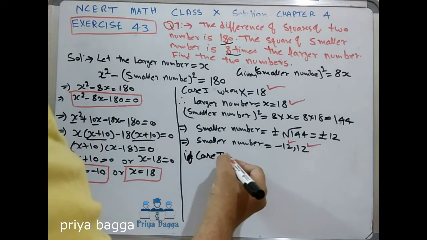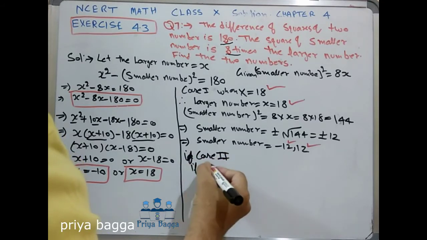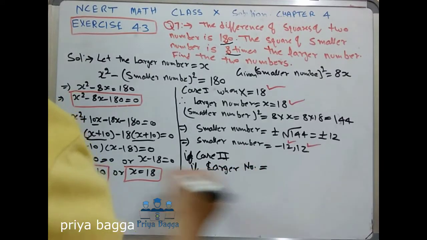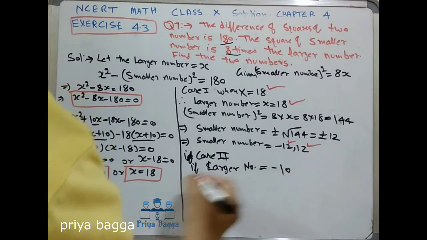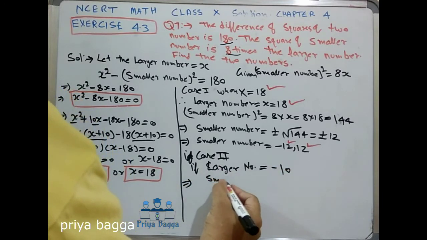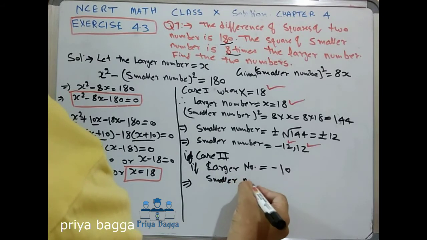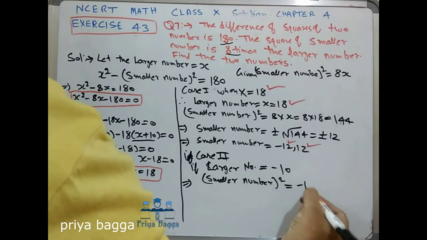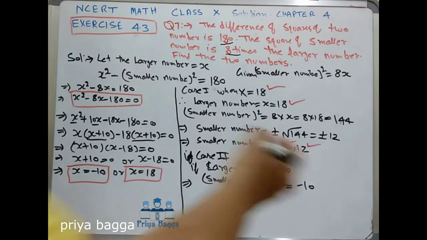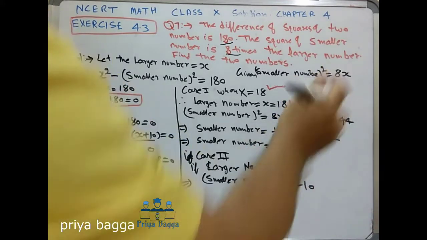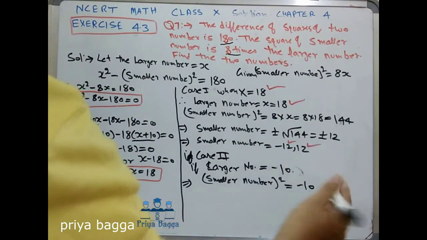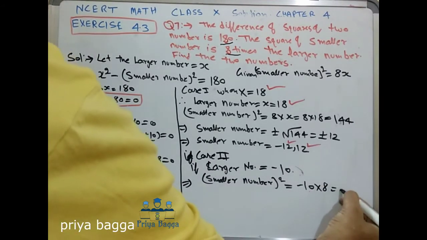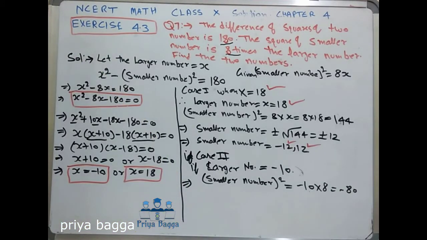If the larger number is equal to minus 10, which implies the smaller number square has to be minus 10 into 8x, so minus 10 into 8. So this will be minus 80, right?